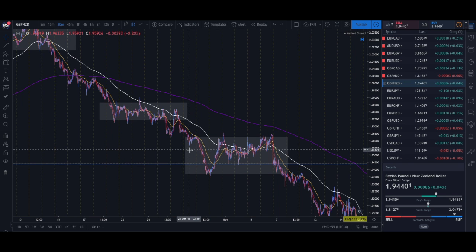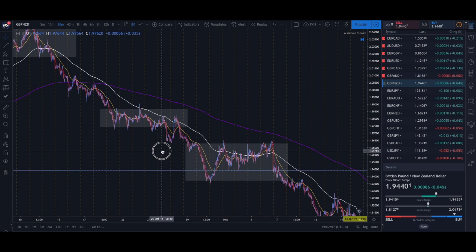Okay, so whenever you guys are looking at charts, you want to go with the trend. All right, so look at the 800, look at the 200. If price is below or above that, you already know what to do. So if price is below the 800 and 200, you're looking for a sell setup.